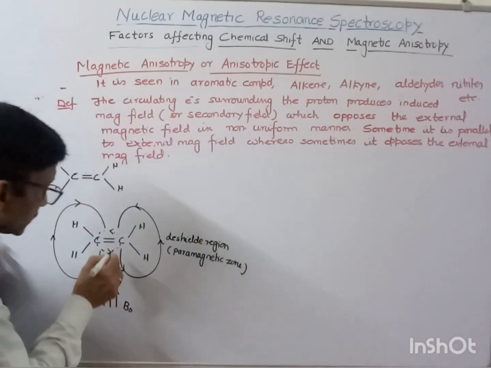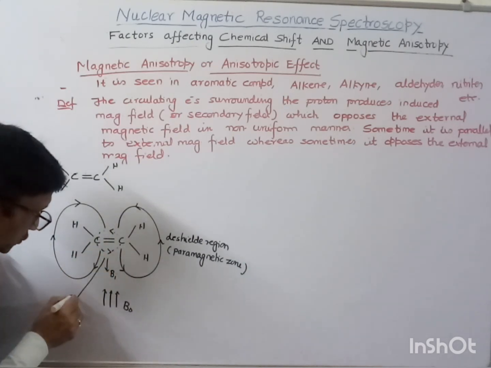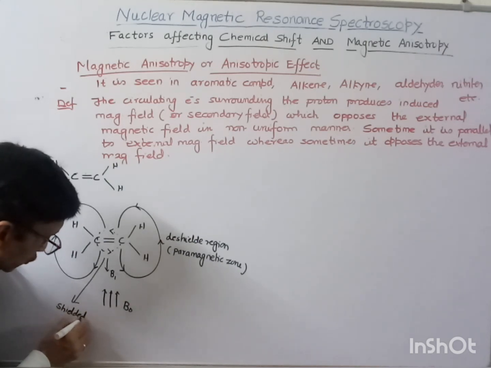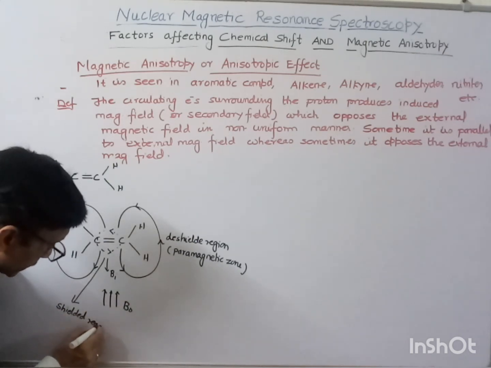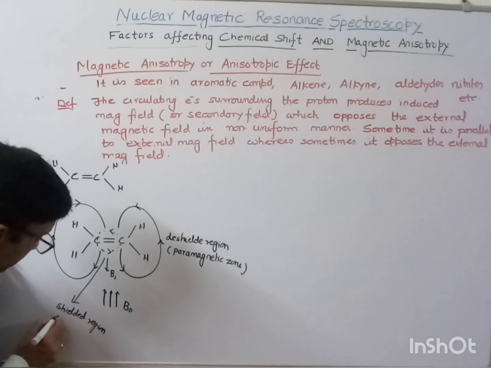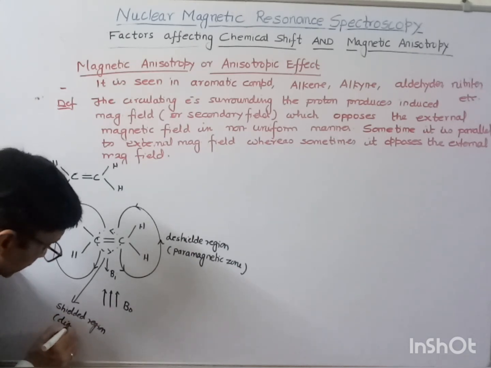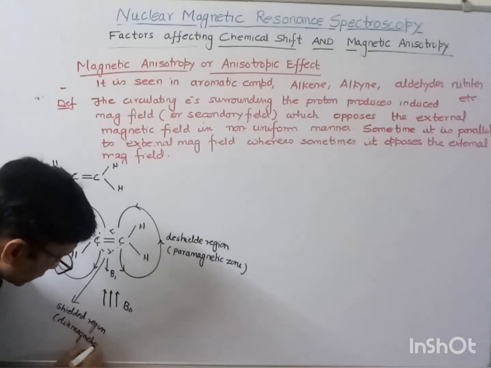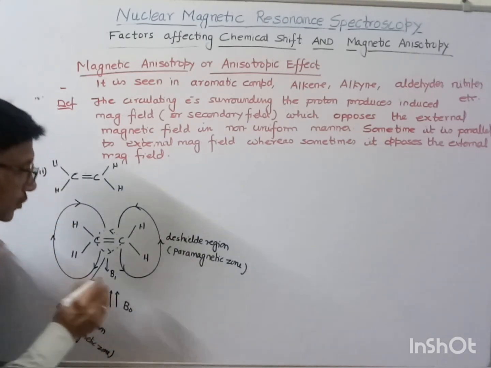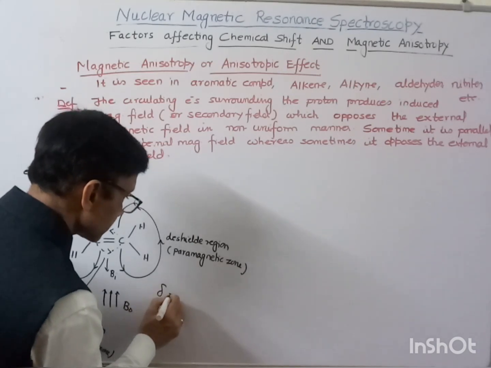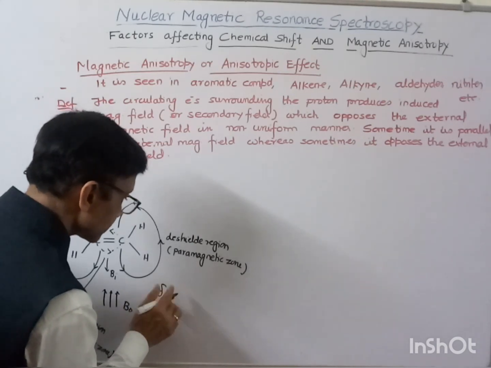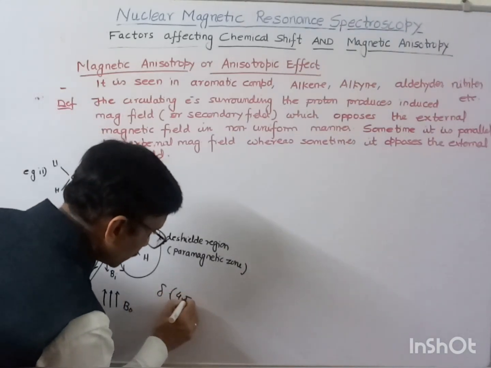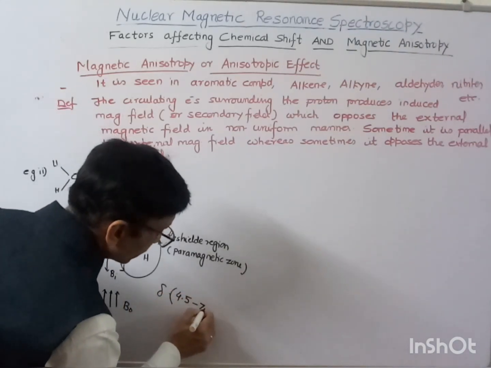And here, this region where no proton is present is the shielded region. In the shielded region, as you can see, no proton is present. Since these protons are present in the de-shielded region, the delta value for this alkene is around 4.5 to 6.5 or 7.0.